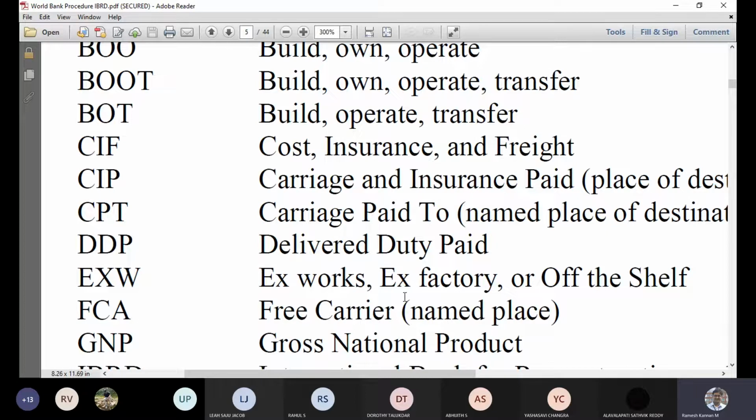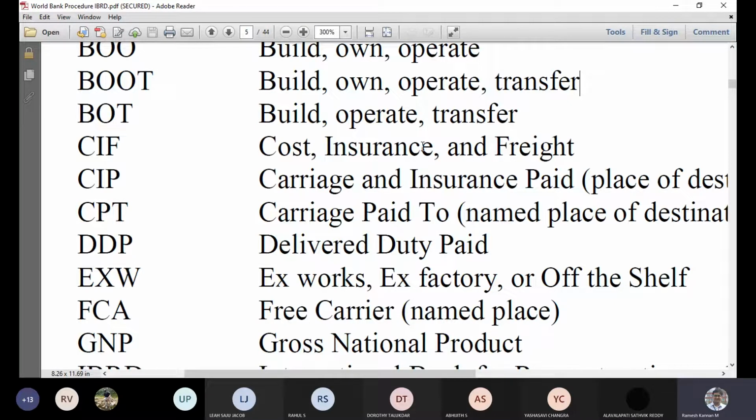Cotton could be inflammable, right? So when there is at least a small bit of heat or fire, it can become a catastrophe. So they generally insure cotton and all inflammable goods, even petrol and gasoline. So they look into carriage and insurance, and then the carriage paid to the destination.